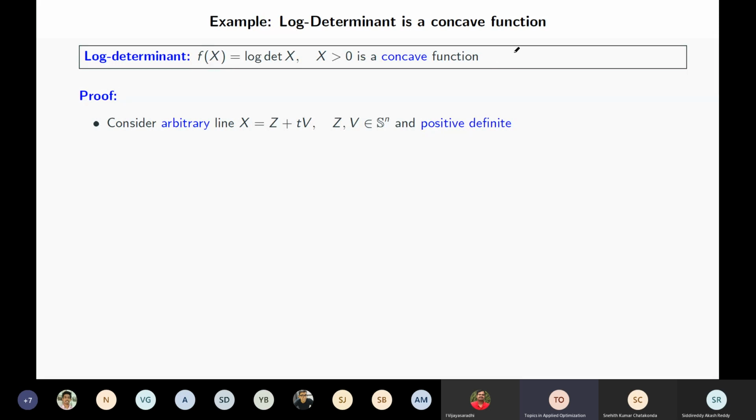Here x is in R n by n, a square matrix, because determinant makes sense for square matrices, and it's symmetric and positive definite. So x is in Sn plus, which means symmetric and positive definite.